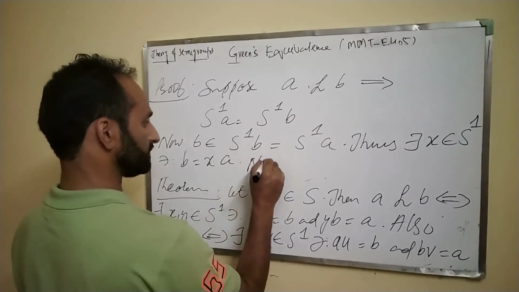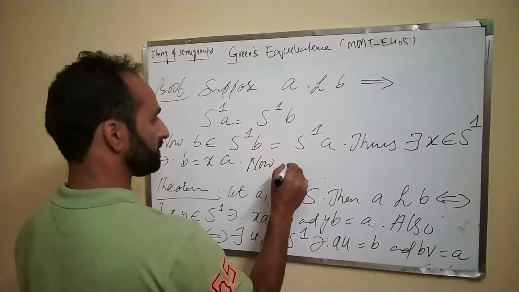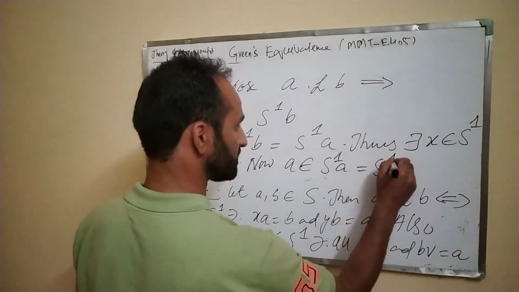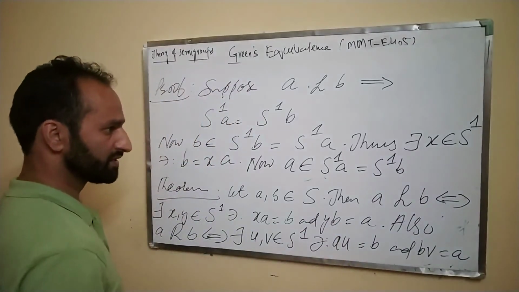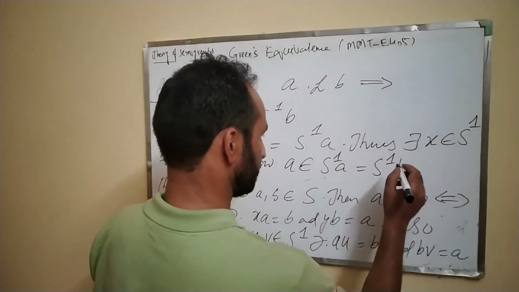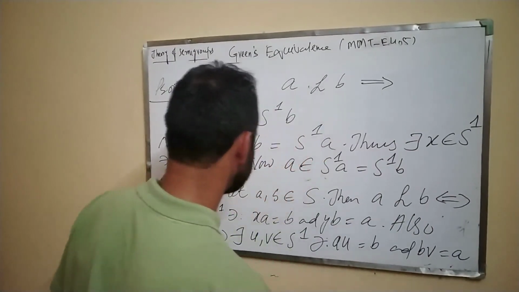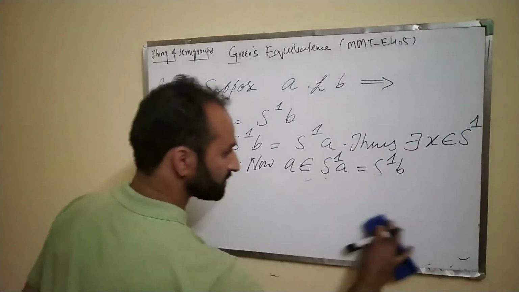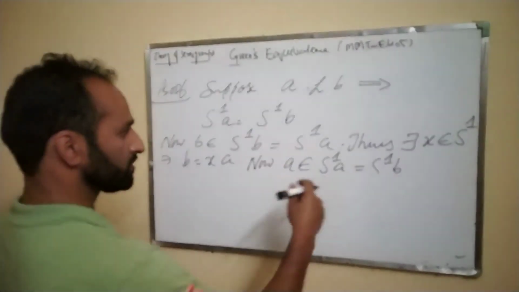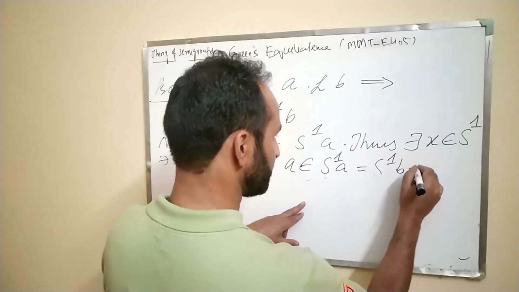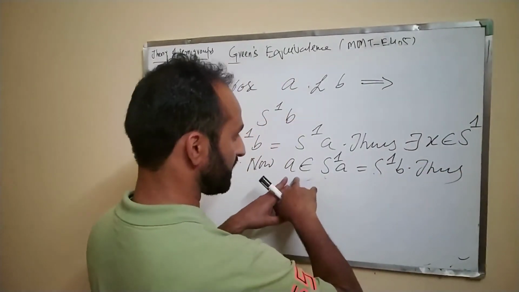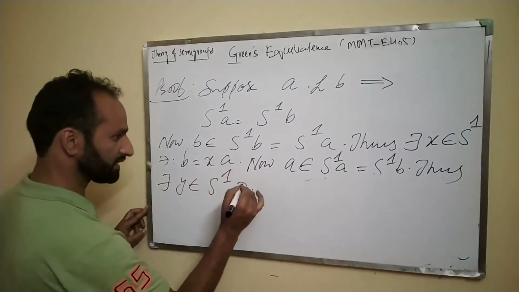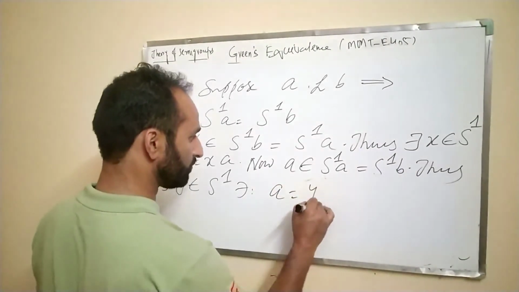Now A belongs to S1A, which is the same as S1B, thus A is also in S1B. There exists Y belonging to S1 such that A is equal to YB.